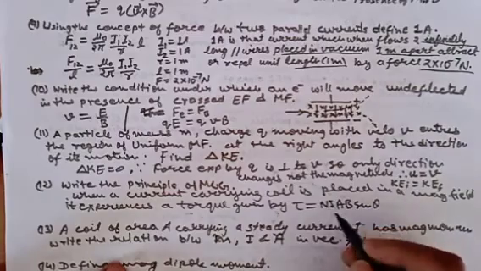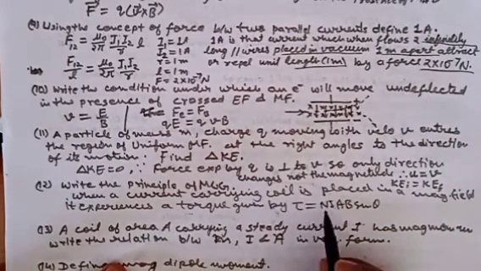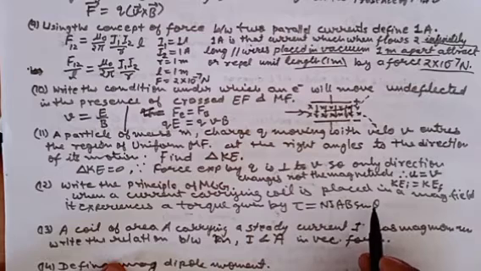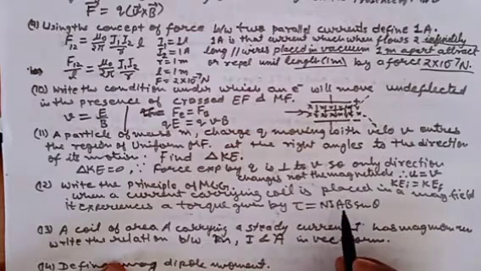And we need to explain what these terms are. I'm just asserting them, where N is the number of turns in the coil, I is the current flowing through the coil, A is the area of cross section of the coil, B is the magnetic field in which the coil is placed, theta is the angle between the area vector and the magnetic field.